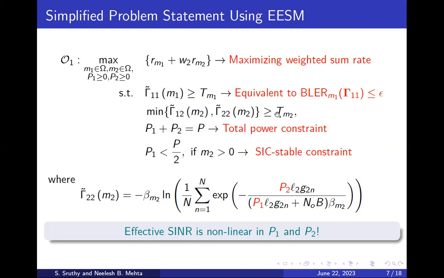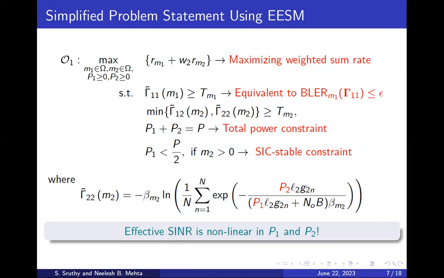And the block error rate constraint of user 2, there is a total power constraint and an SIC stable constraint. The effective SINR of user 2 is given by the EESM equation like this. And from here, we can see that the effective SINR is nonlinear in powers P1 and P2.